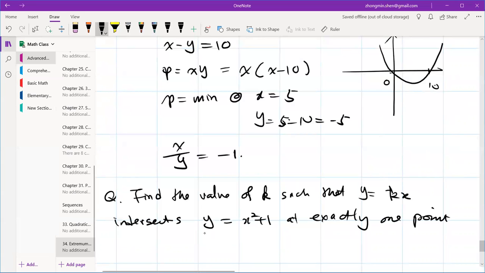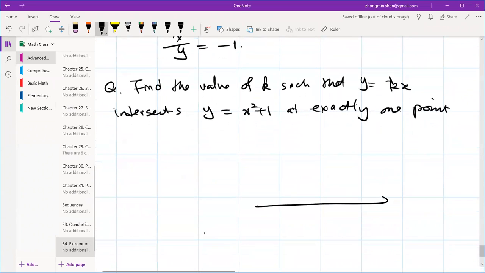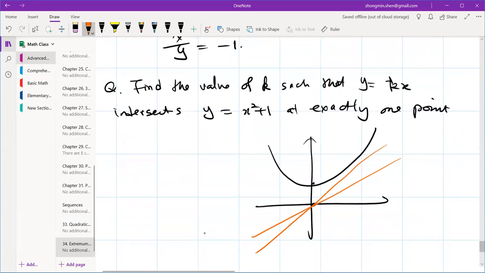Okay, so let me draw the graph. This is a parabola, it opens upward. Here you have a bunch of lines passing through, but there's one particular line that will touch this parabola. So I want you to find the value of that k. This is y equals kx.